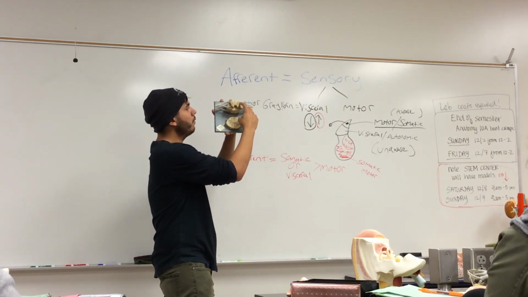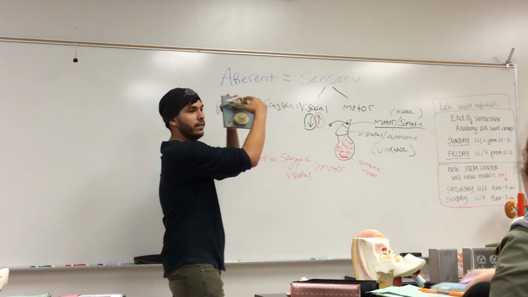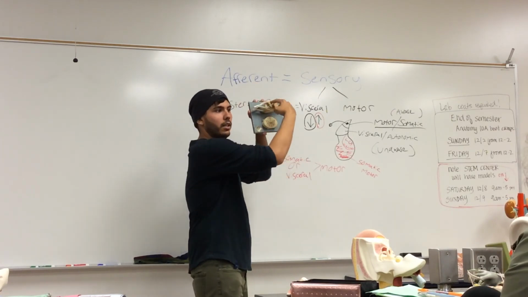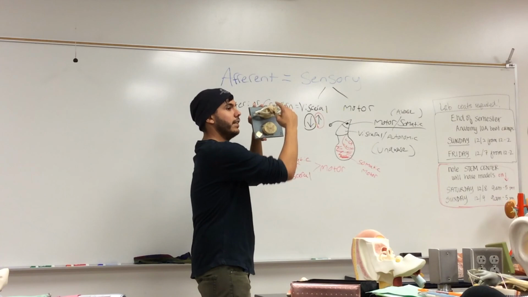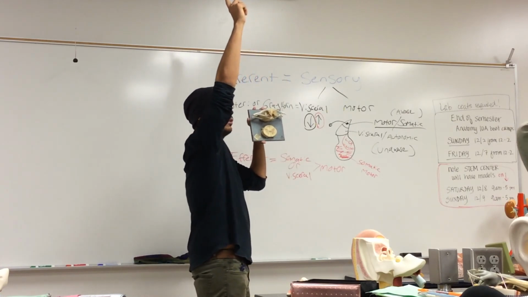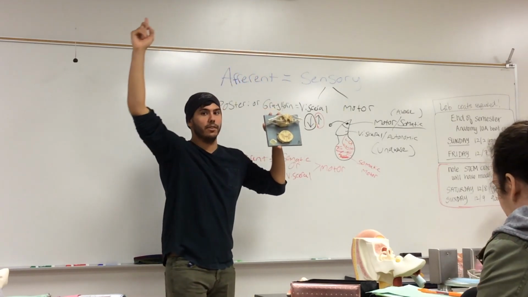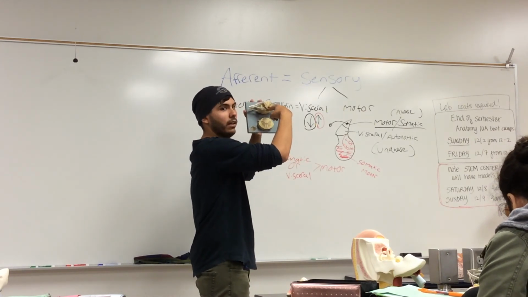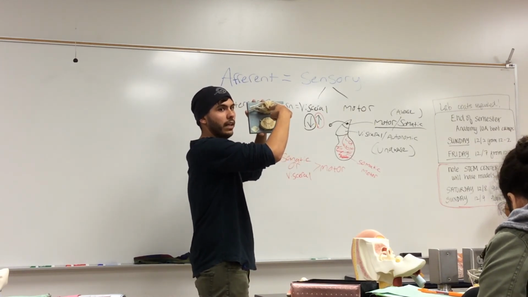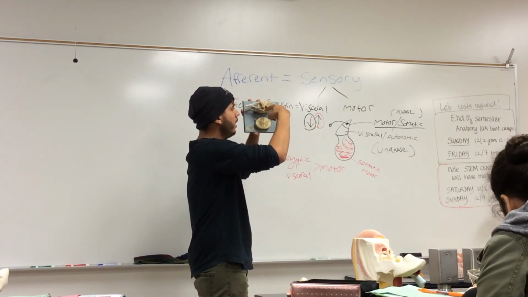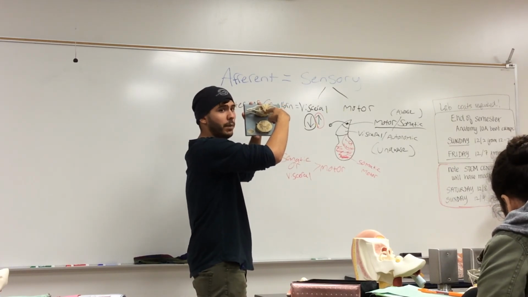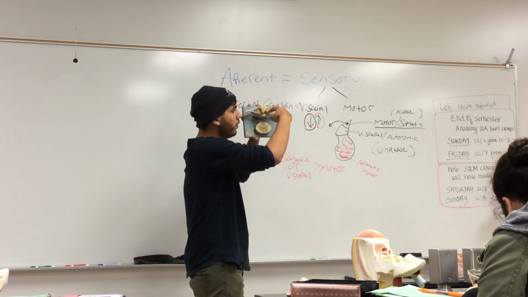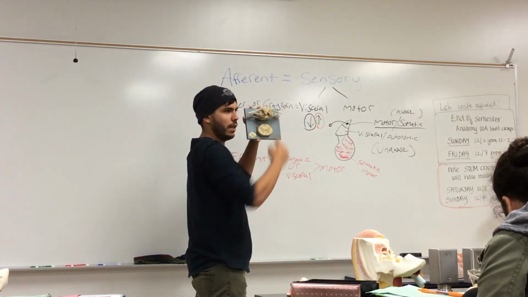In the posterior gray horn, we took an interneuron to the posterior white column. Everybody see that? The posterior white column, which is going to take us ascending. So we're going up, which is sensory. Now we're going to descend in the anterior white column. We come down, and that's going to be motor, because now we need to synapse either here, lateral, or anterior. Does that make sense?